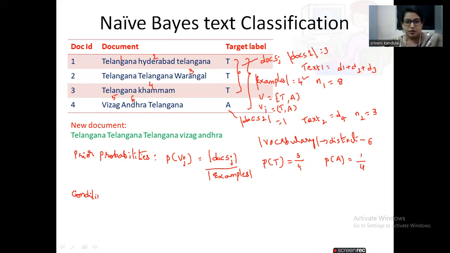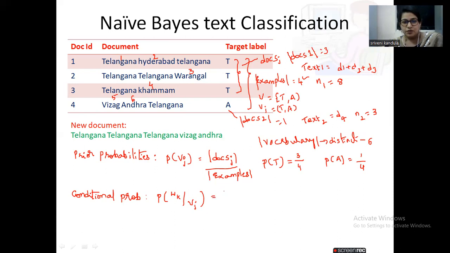So we will indicate the conditional probability as P of Wk given Vj, where Vj is the target label, that is T, A. Wk is each distinct word, or each distinct token, in the examples.